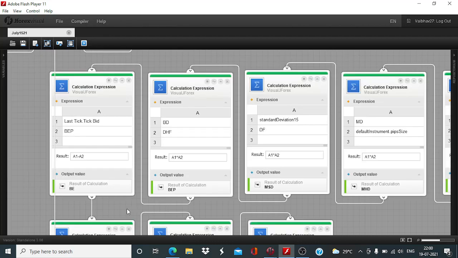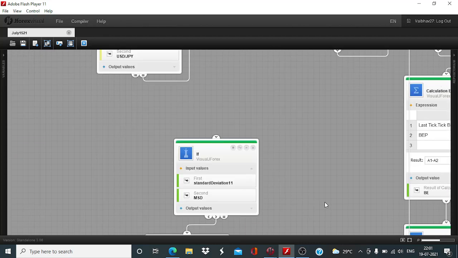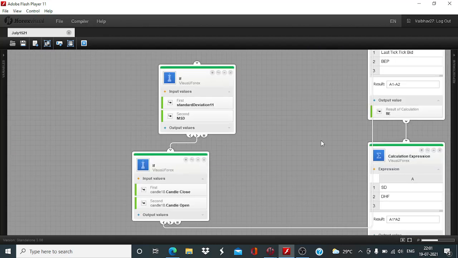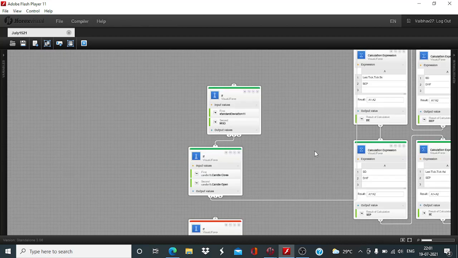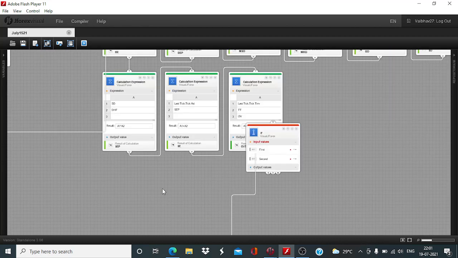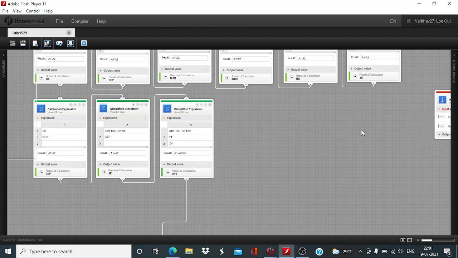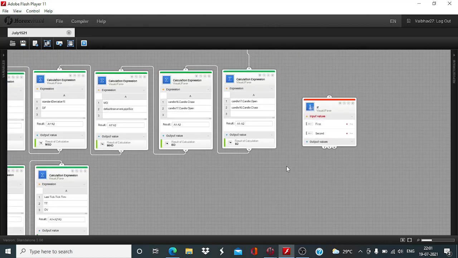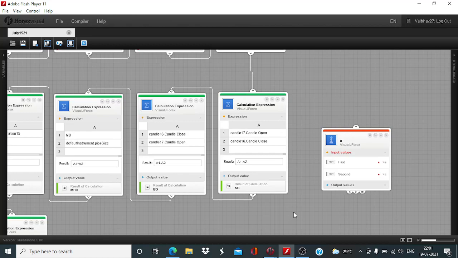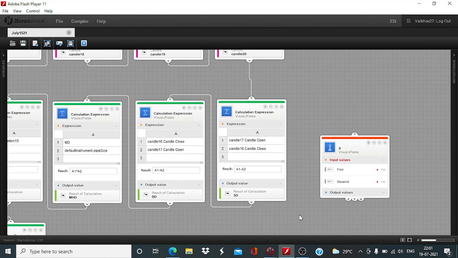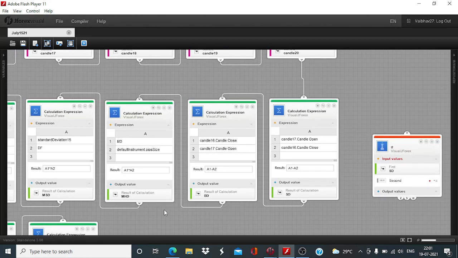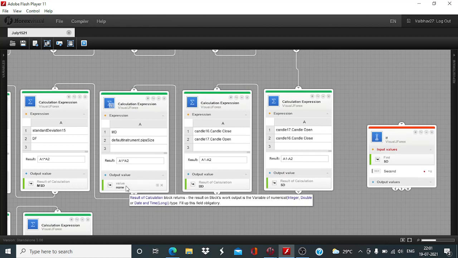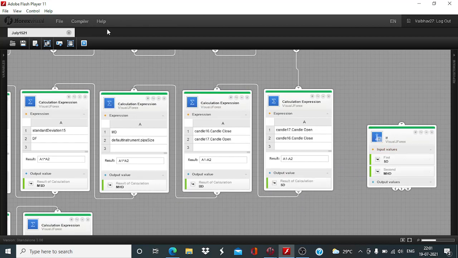And afterwards, we will have to consider the difference, which we have already calculated, between the last hour's candle close and the prior hour's opening level. This one will need to be greater than 10 pips. Okay.